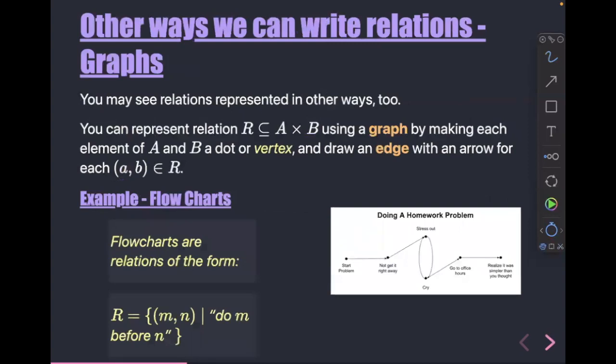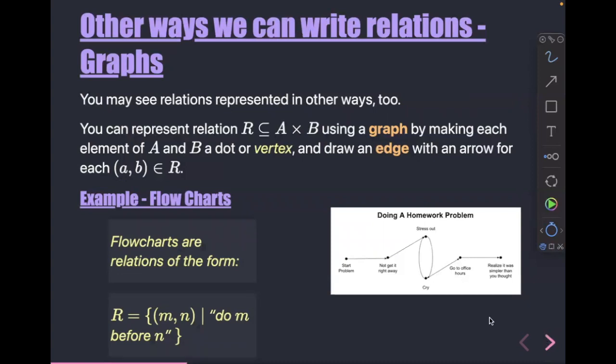There are other ways you can show relations, and generally it depends on the example which way is the easiest way to view the relation. One way you could do it is in a graph format.